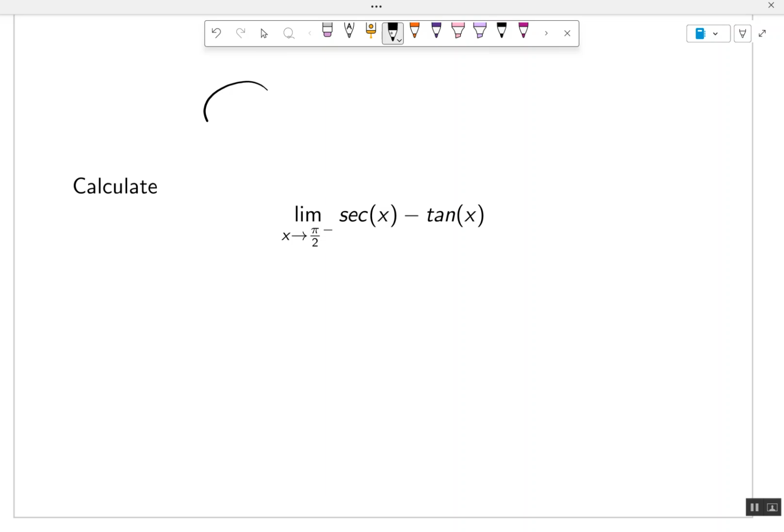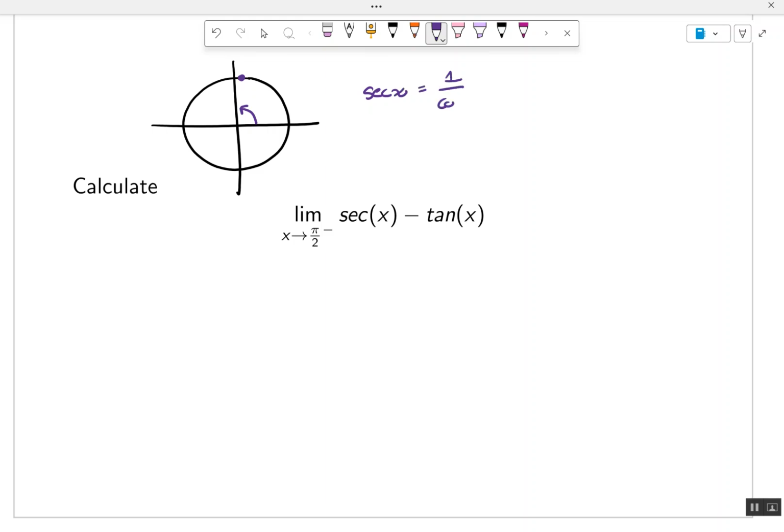So let's look at our circle here. So we're approaching pi halves from below. That means my rotation is approaching pi halves from angle measures that are less than pi halves. Okay, so my secant here is 1 over cosine.